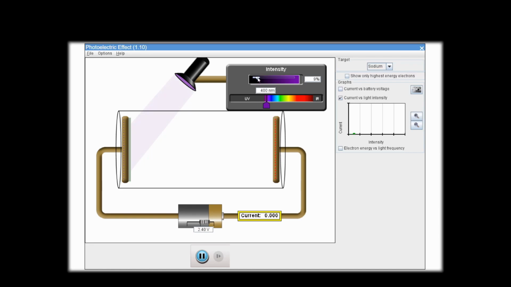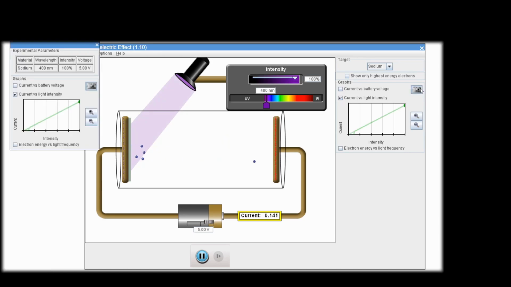You can see that as the intensity increases, the current increases. Thus, by keeping the frequency of light and the accelerating potential constant, the intensity is varied and the corresponding photoelectric current is measured.